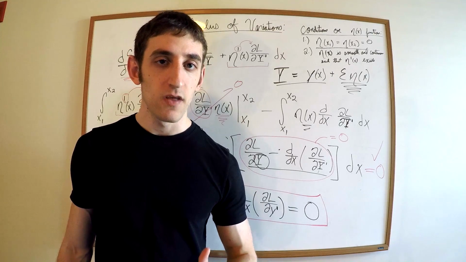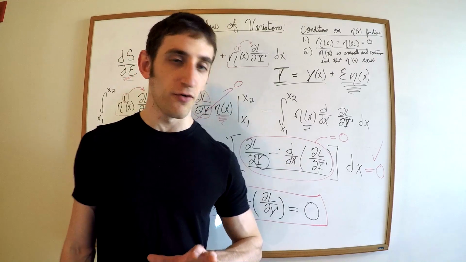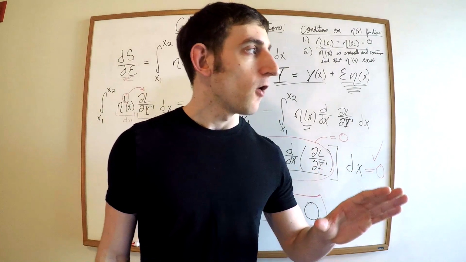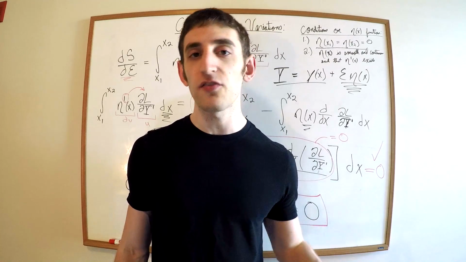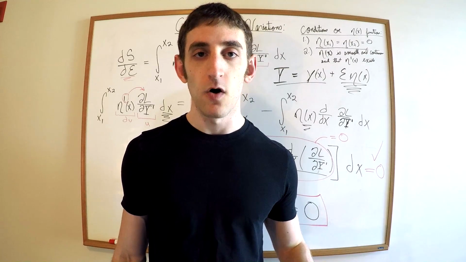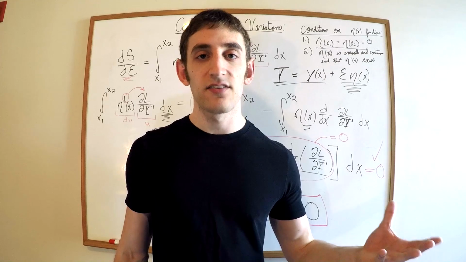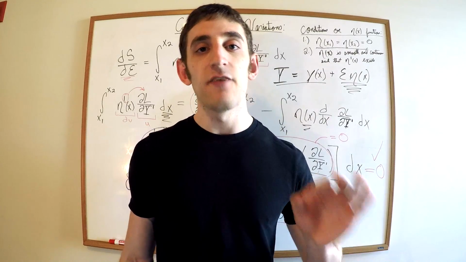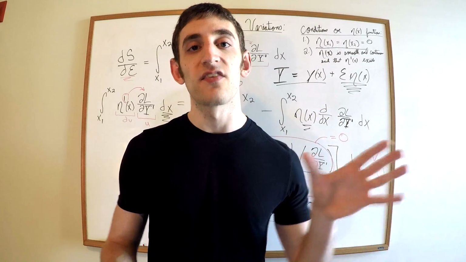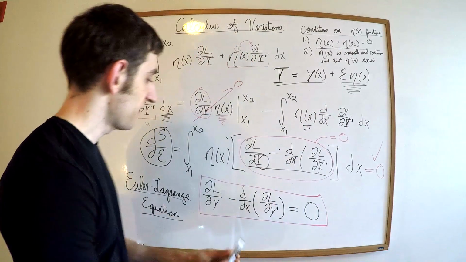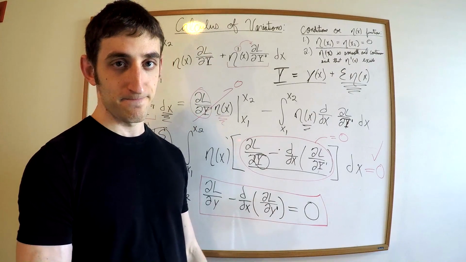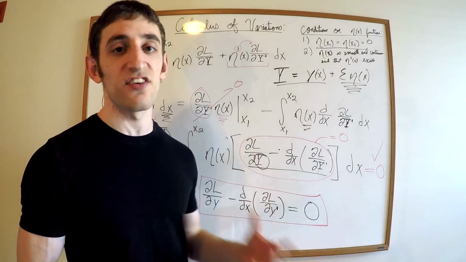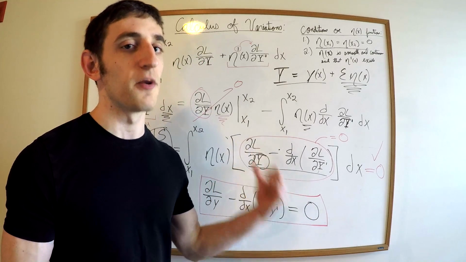And again, let's take a look at what this is doing for us. This is saying that if we take all the solutions to our problem, all the paths that our system can evolve into, and if we restrict them to the subset of solutions that satisfy this equation, then we're going to find a stationary point, and usually that's going to be a minimum.